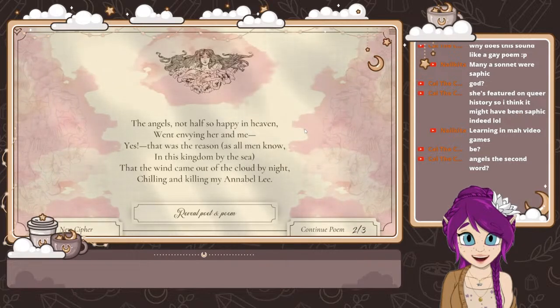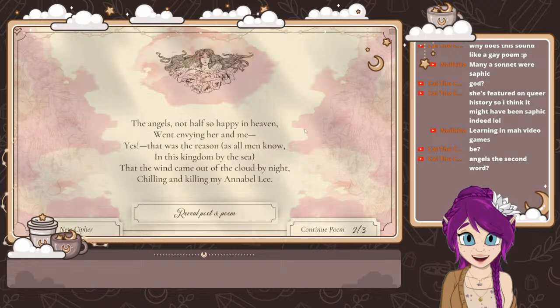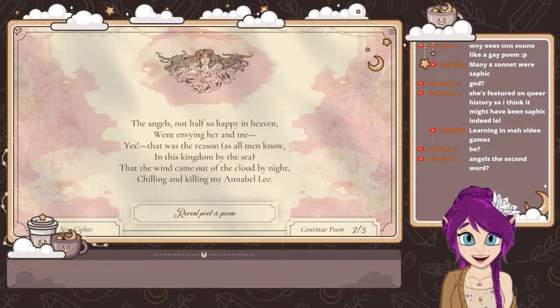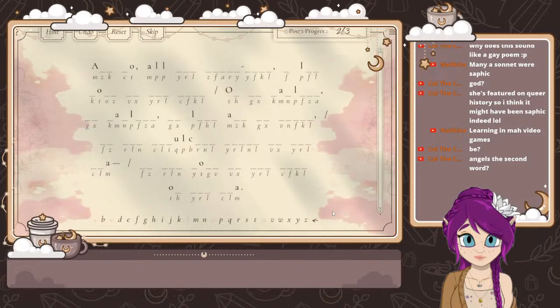The angels, not half so happy in heaven, went envying her and me. Yes, that was the reason, as all men know in this kingdom by the sea, that the wind came out of the cloud by night, chilling and killing my Annabel Lee. She died.